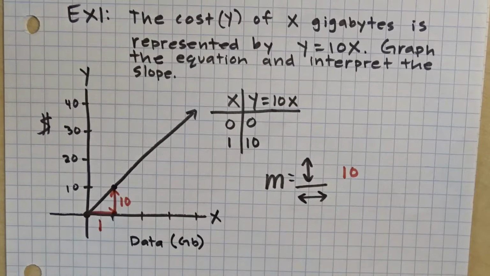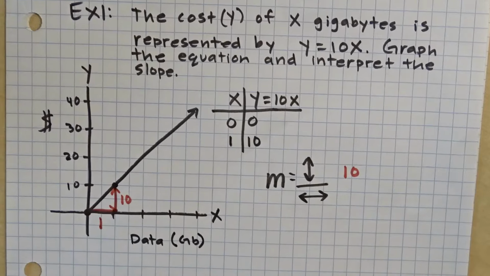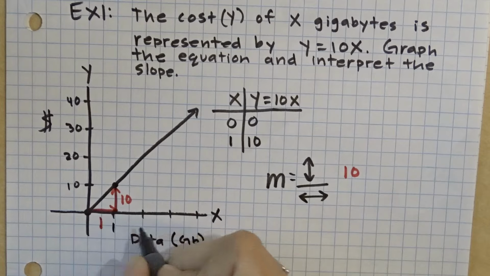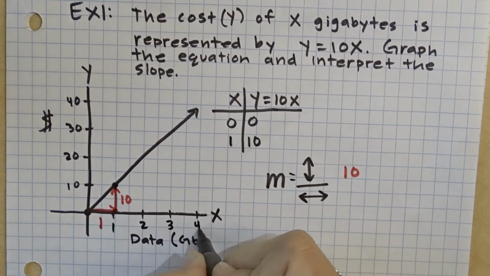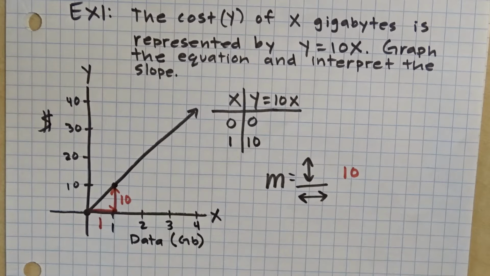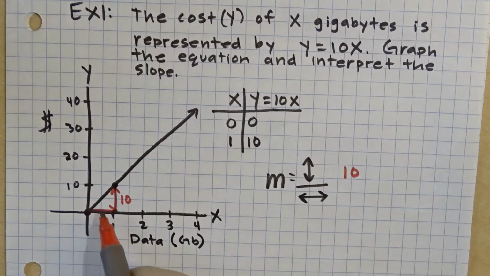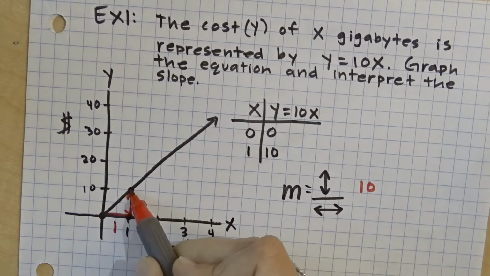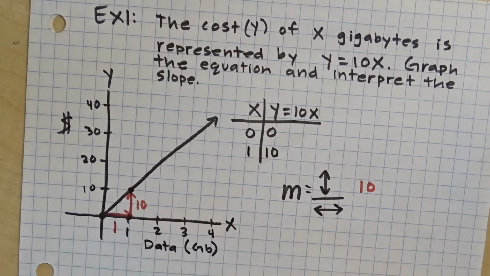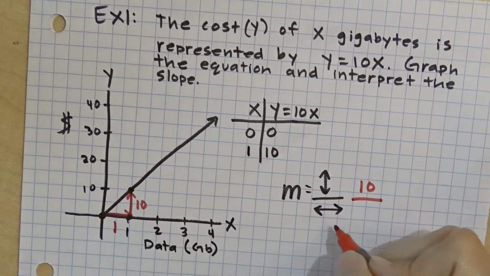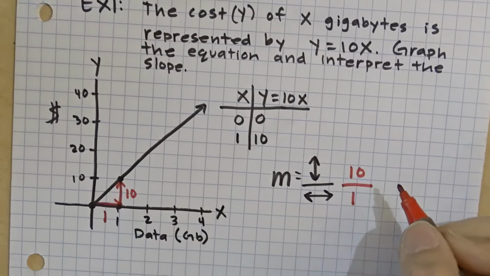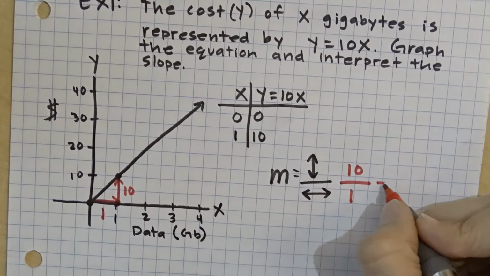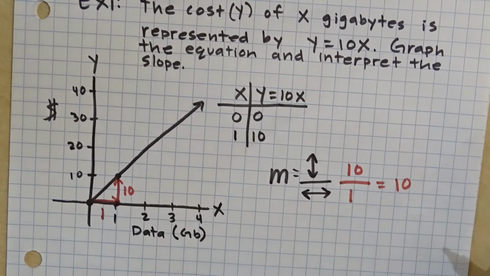Now, we're not counting the blocks because that's a very common mistake. What you're doing is you're looking at the scale on the axis. So if I'm going from here to here, that's 1 unit. And if I'm going from here to here, that represents 10 up. So my vertical would be 10, my horizontal would be 1, and therefore my slope is 10 over 1, or just 10.